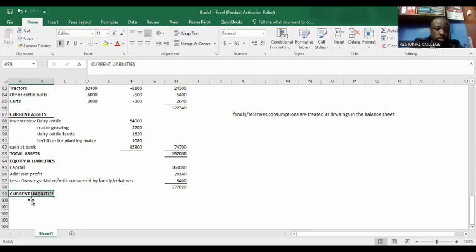How much is the trade payable? Trade payable of 15,620.